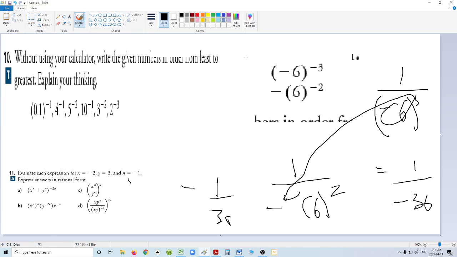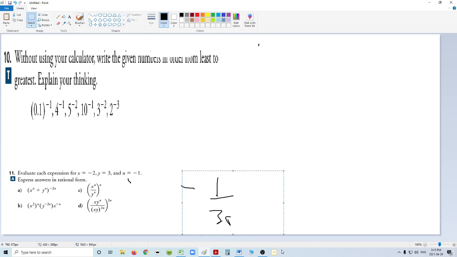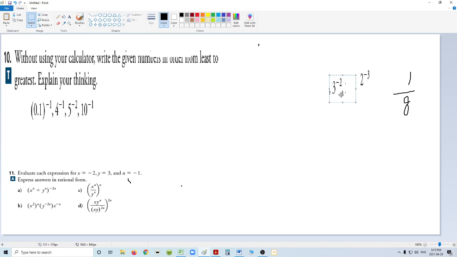Least number to highest number. So lowest number to the lowest number. So this is 1 over 2 to the 3, which is 1 over 8. And this is 1 over 9. 1 over 9 is smaller than 1 over 8.